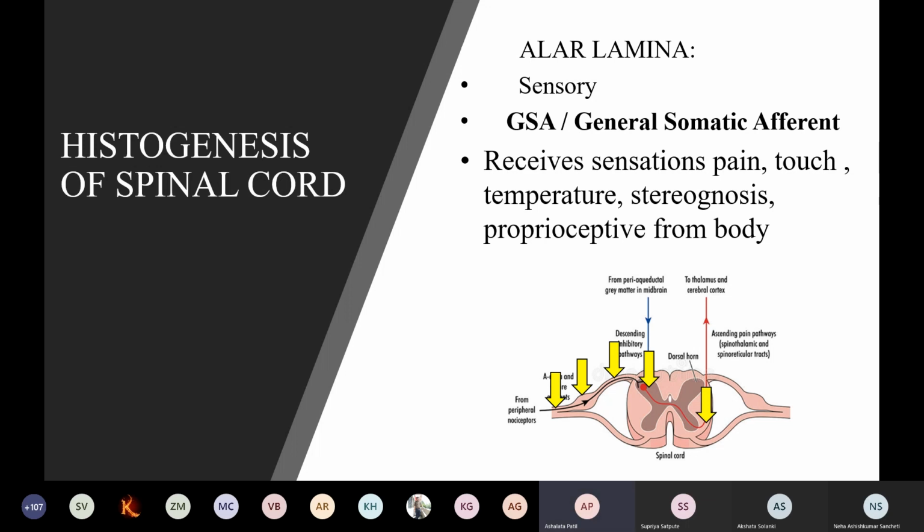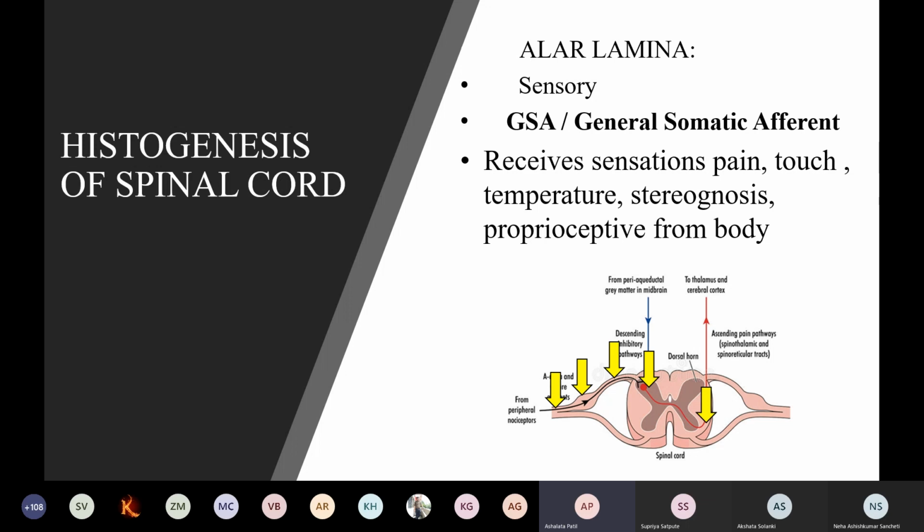So the alar lamina, corresponding with this, you will see sensory nuclei, that is the general somatic afferent, the dorsal horn nuclei. They receive all this. There is the dorsal root ganglion; the peripheral fiber brings the sensations, and the central fiber goes towards the dorsal horn and relays there, and the axons of the dorsal horn nuclei form the ascending tract.